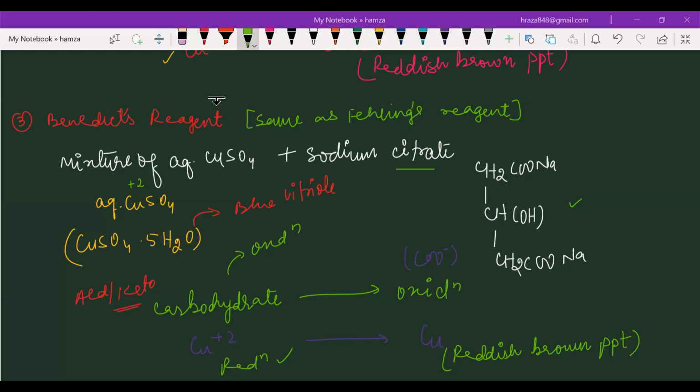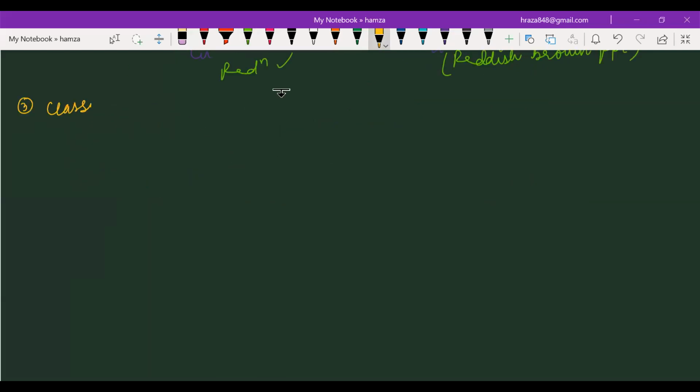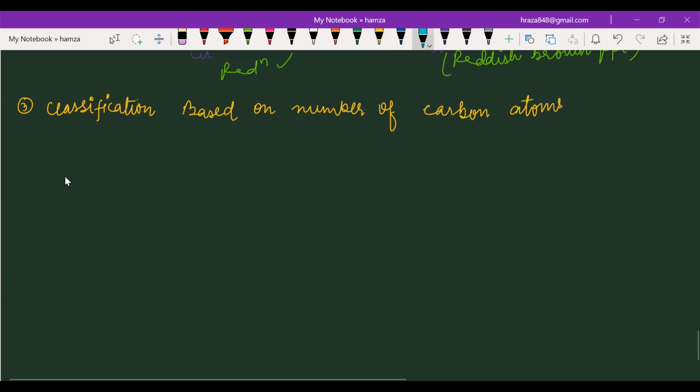Now, the next part is also on classification. Classification based on number of carbon atoms. I'm going to write the name by number of carbons.